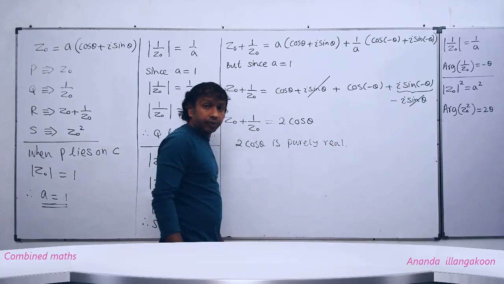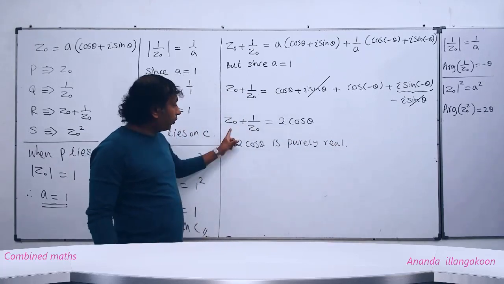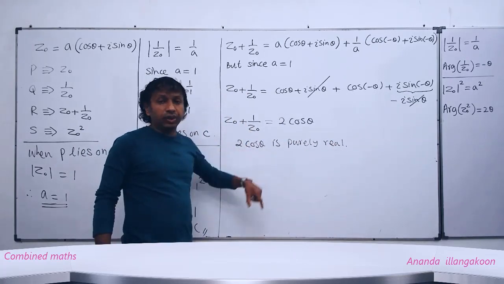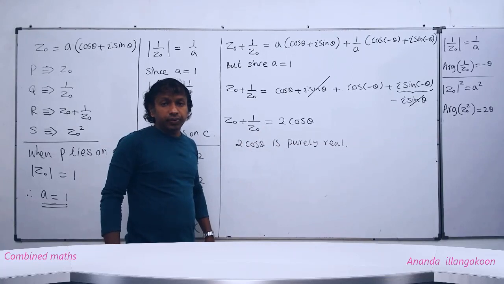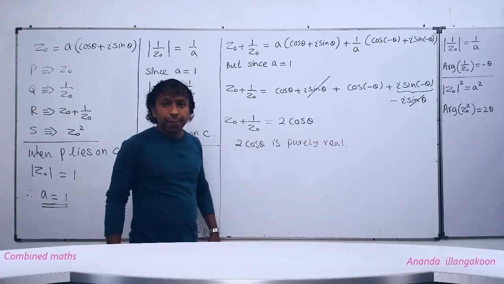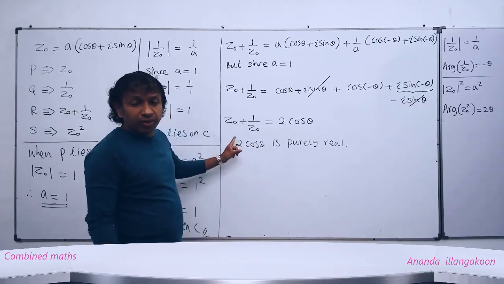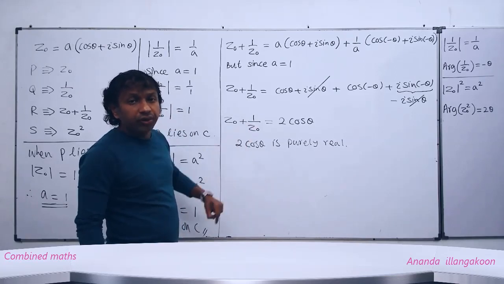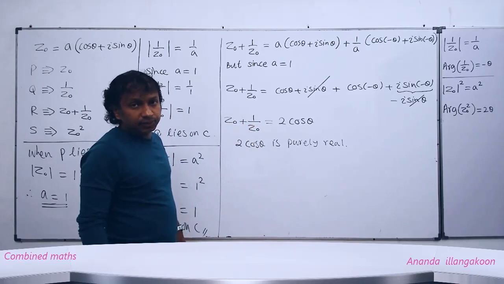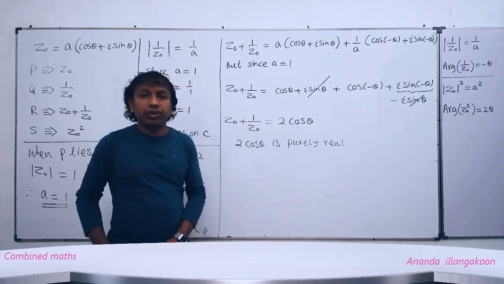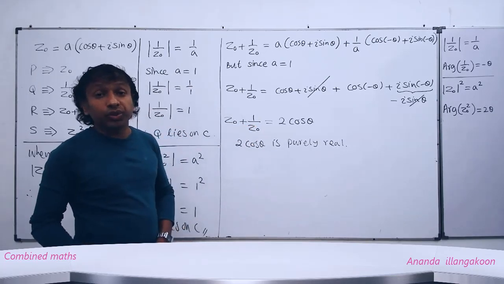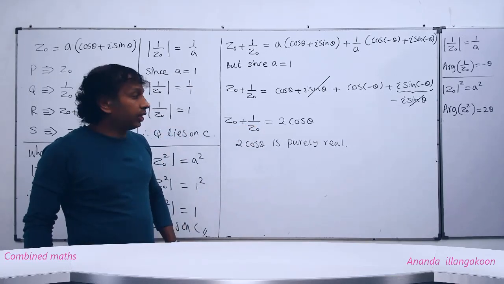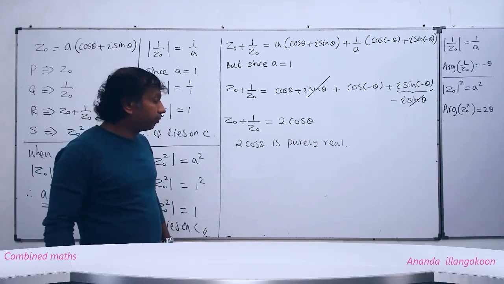But this complex number is represented by the point R. Therefore, point R should be on the real axis. Furthermore, we are asked to show that point R lies between 0 and 2 on the real axis.